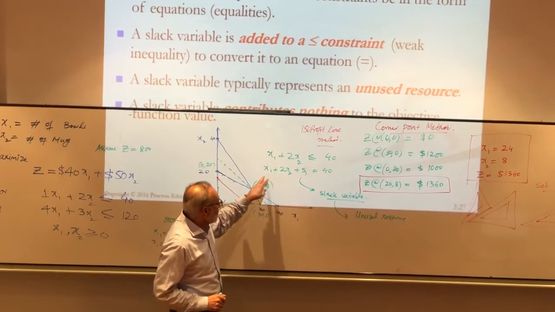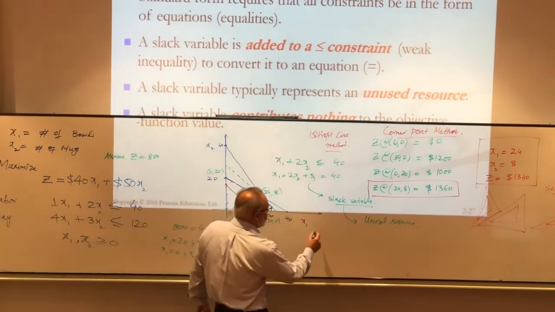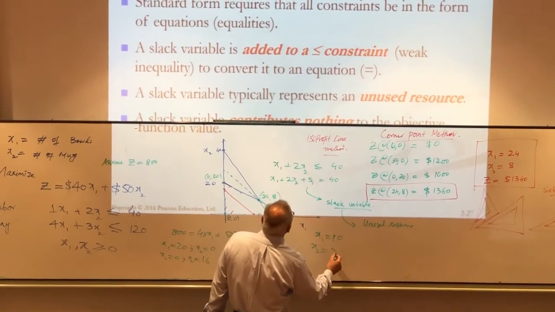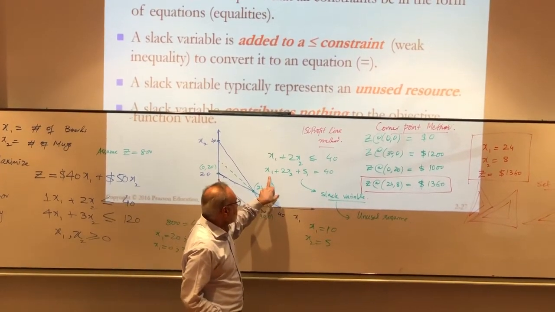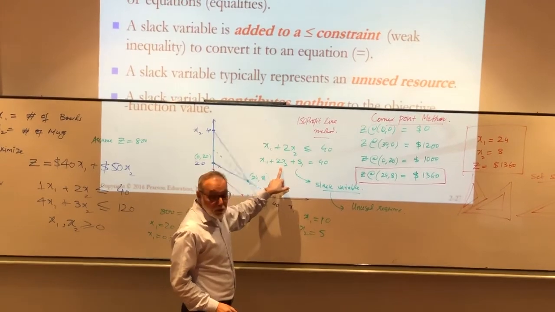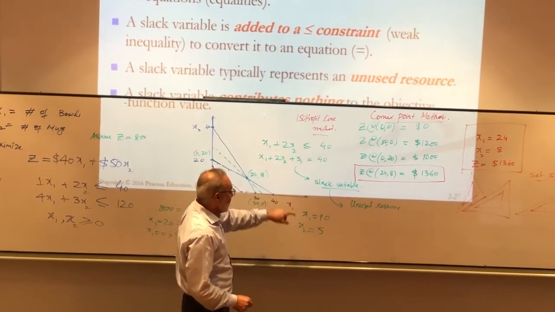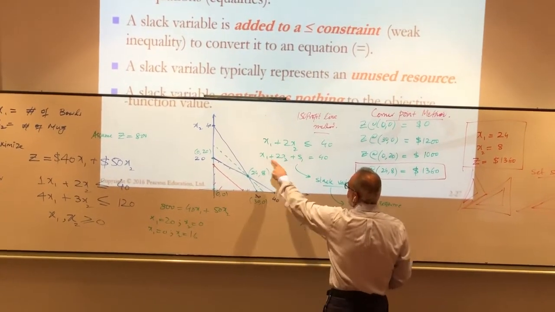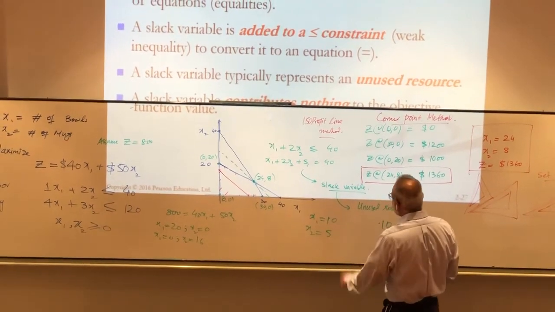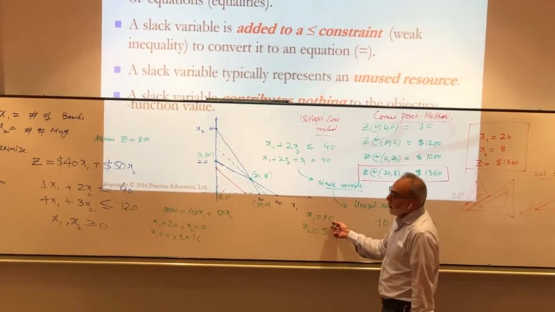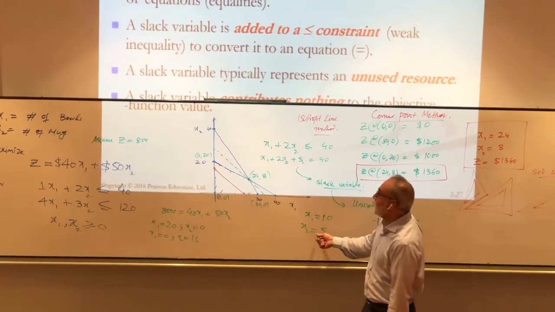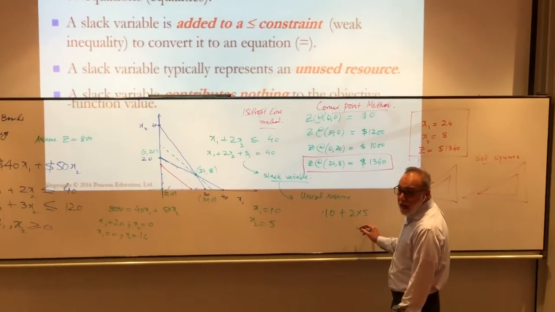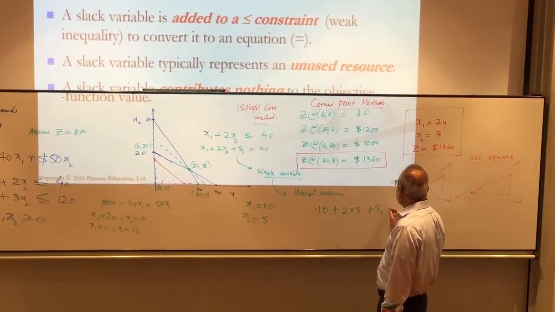Now, for example, if x1 is equal to 10 and x2 is equal to 5, so if we made 10 bowls and 5 mugs, we will be using 10 plus 2 times 5, 20 hours of labor, plus s1 is equal to 40.